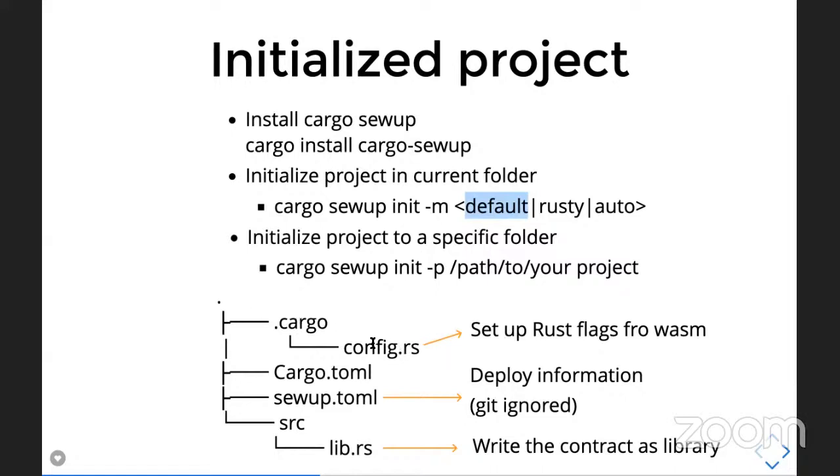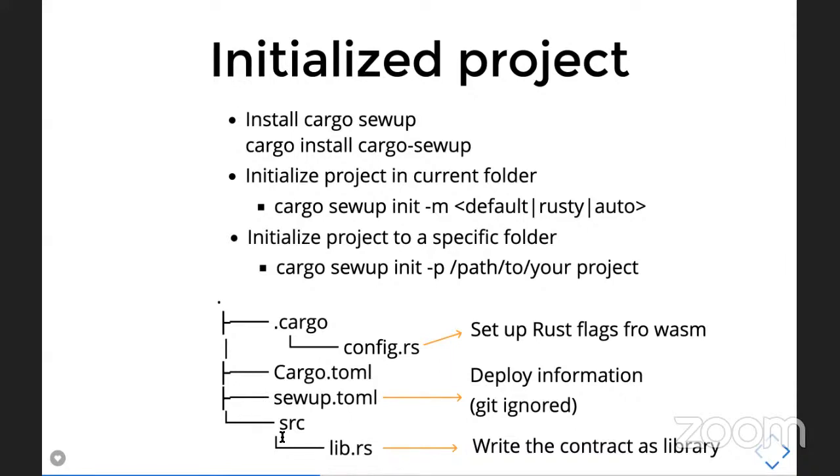There is also the general Cargo.toml, where all the dependencies will be. And there is a Sewup.toml. This file will be git-ignored because you can provide a private key, the URL of the blockchain you want to deploy to, and some other private information in this file.